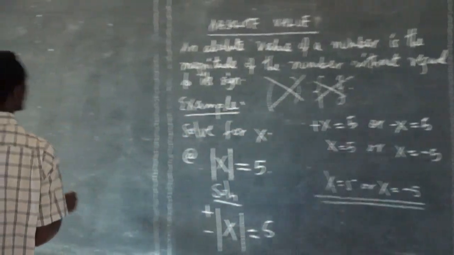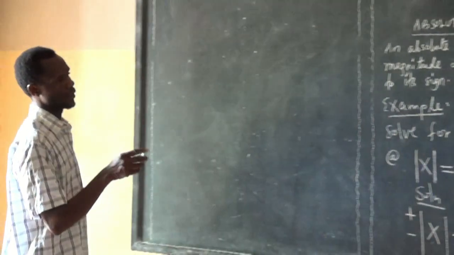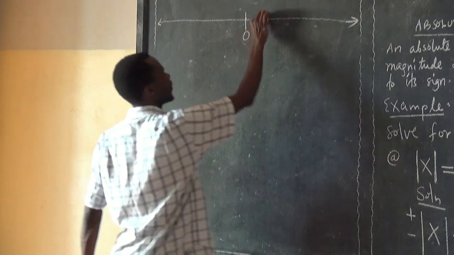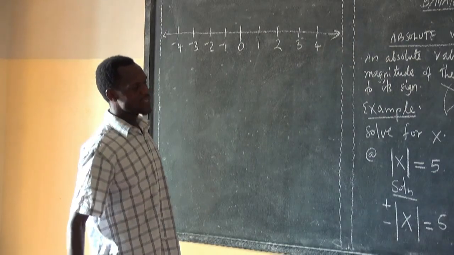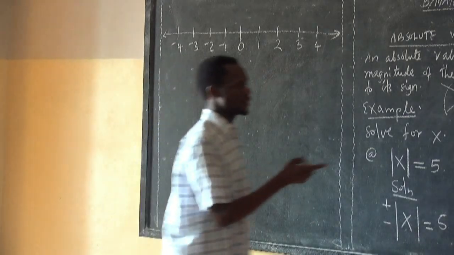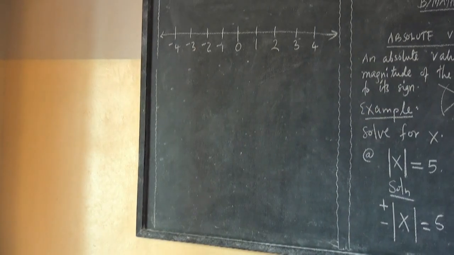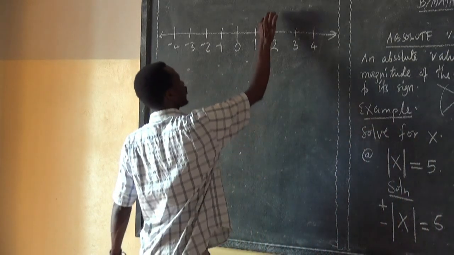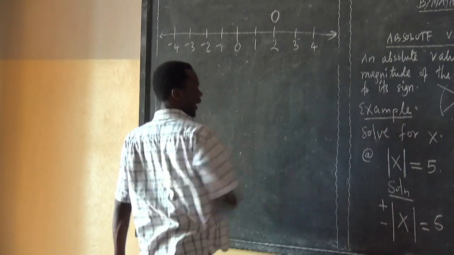Now, if you decide to draw that one, you have 0, 1. We have x is greater than or equal to 2. Means we're talking about 2. 2 is right here. You understand?